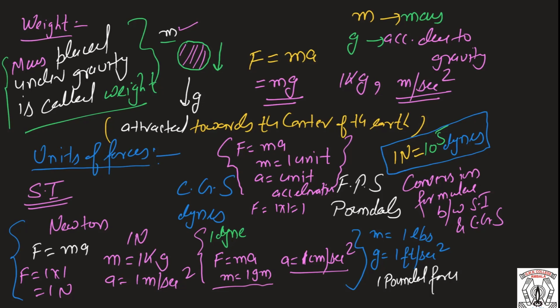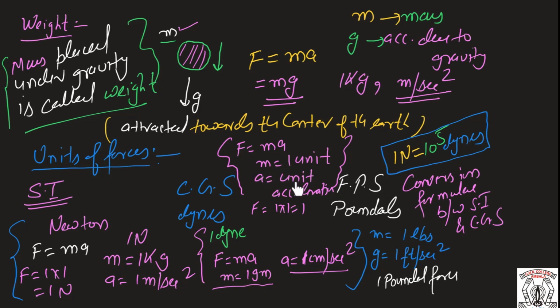So a force is said to be unit force if it produces a unit acceleration in a body of unit mass. Here we have not taken any unit in consideration, but still we are able to define unit force in absolute terms. So this force is called absolute force, and this is absolute unit force.